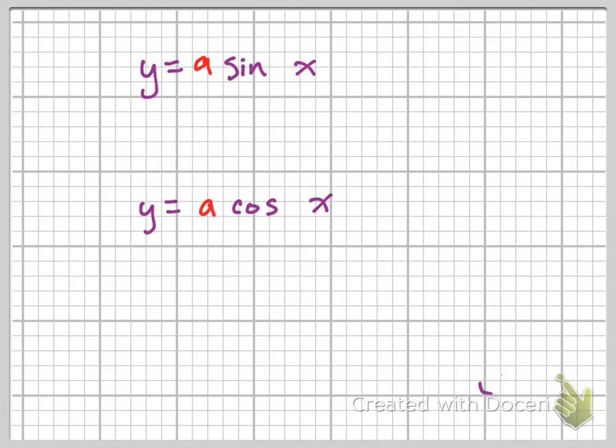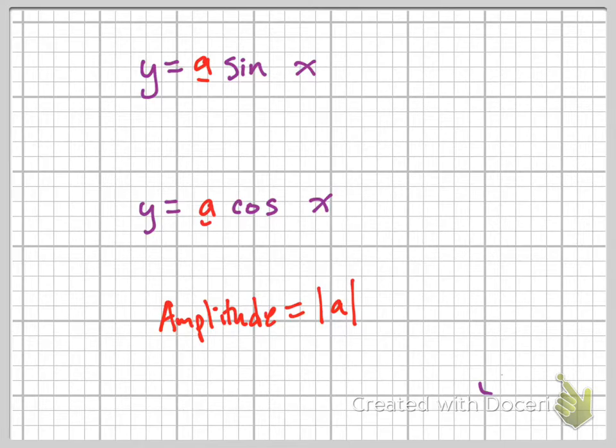That's just being multiplied by a factor of a. So whether this vertical stretch or shrink factor is positive or negative, the new amplitude is just going to be the absolute value of that a.